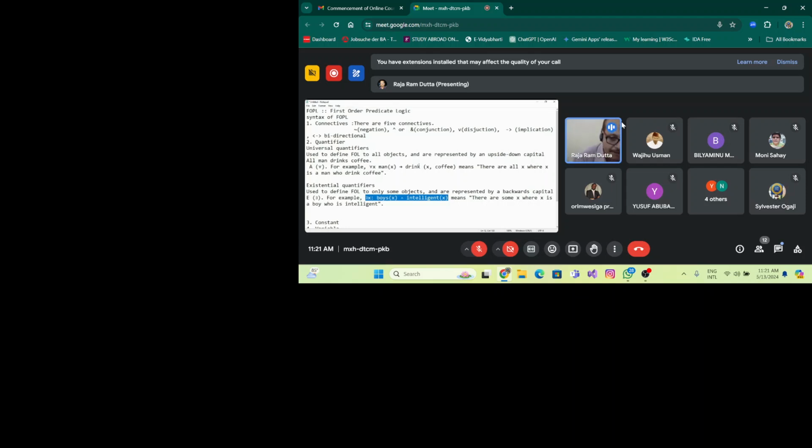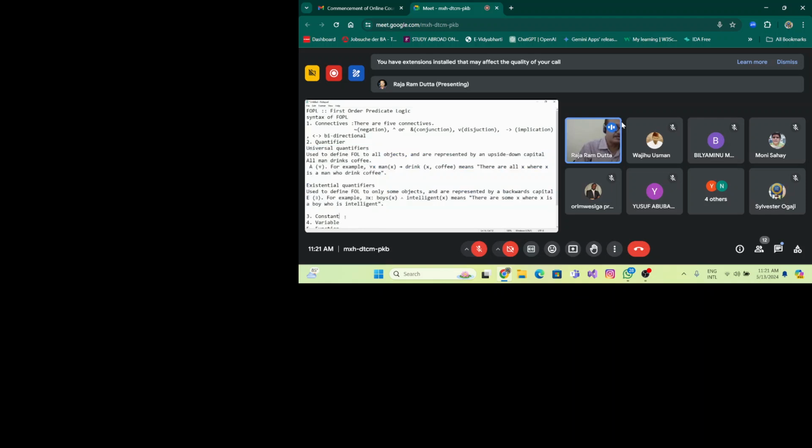We represent it in the form of FOPL: there exists x, x is a boy and x is intelligent. So there is some x where x is a boy and who is intelligent, and that is known as an existential quantifier. So we understood we have two quantifiers: one is the universal quantifier, that is for all x, and the existential quantifier, that is there exists x.